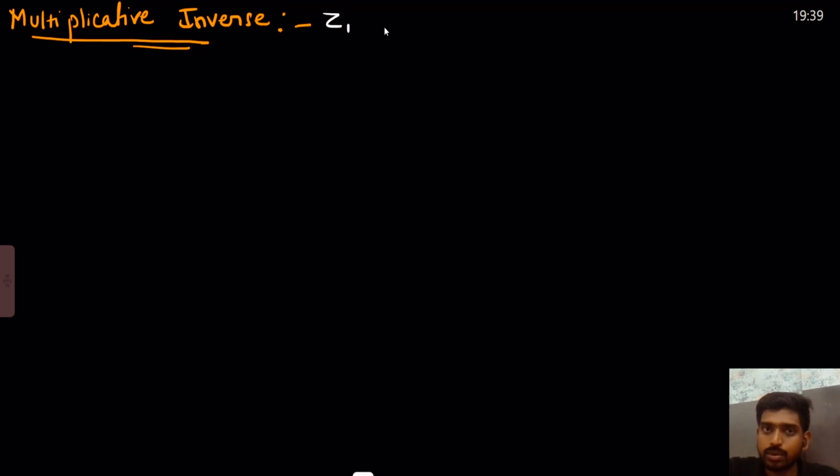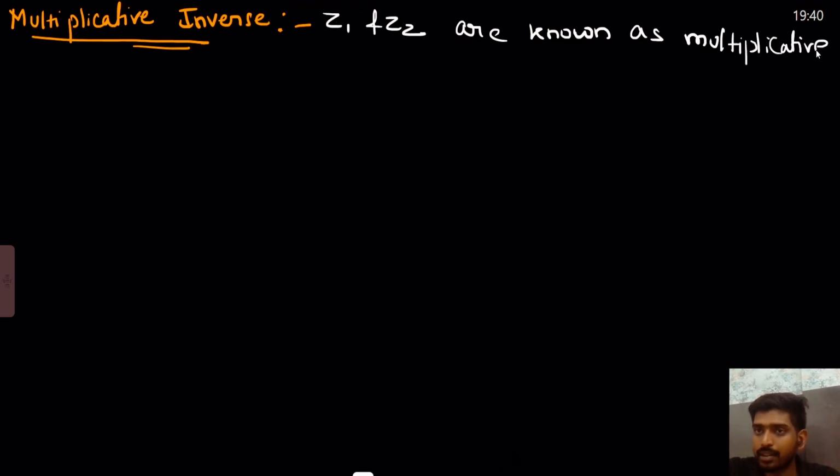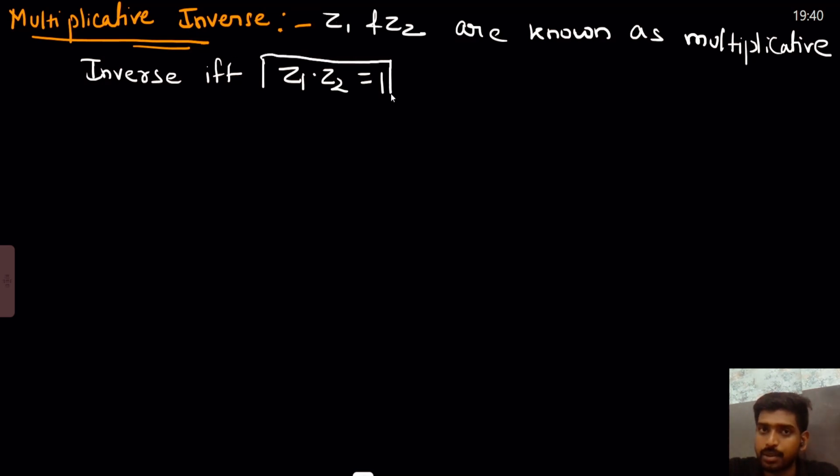Z1 and Z2 are known as multiplicative inverse if and only if they satisfy this condition: Z1 multiplied by Z2 is equal to 1. Sorry, not 0, Z1 multiplied by Z2 is equal to 1. Got it?